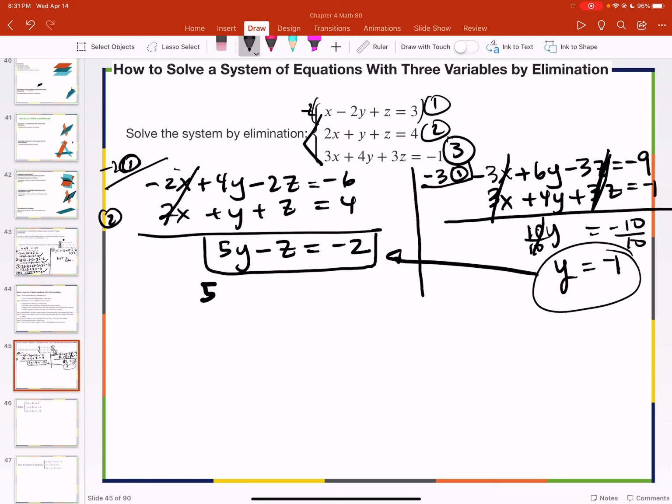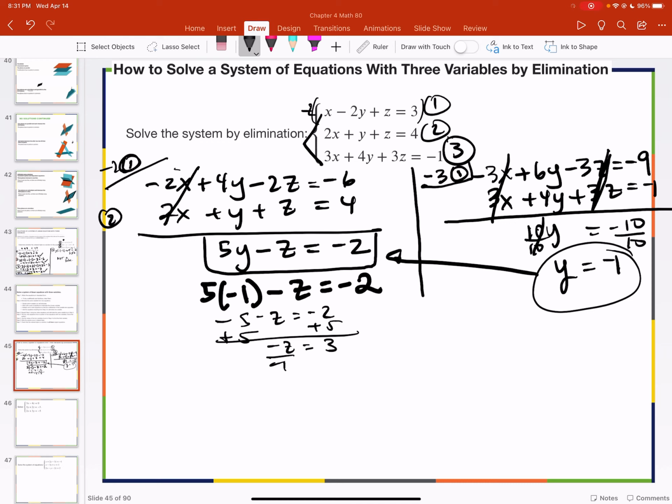So 5 times negative 1 minus z is equal to negative 2. So then I get negative 5 minus z is equal to negative 2. So plus 5 on both sides. Negative z is equal to 3. So divide by negative 1, and we get that z is equal to negative 3. So that's that.